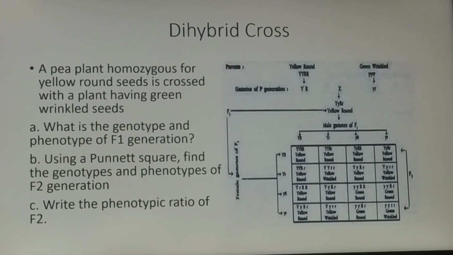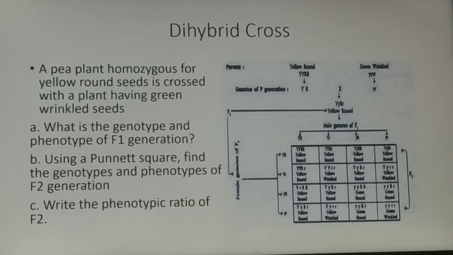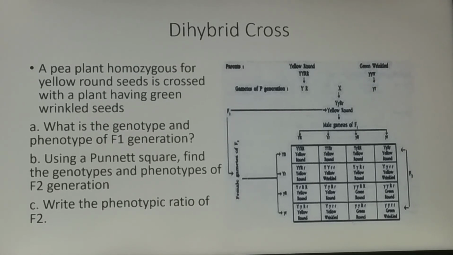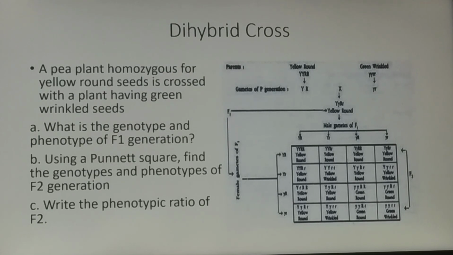That is, both the alphabets should be encircled, put in one circle. Okay, and the gametes produced by the plant having green wrinkled seeds, what are they? Small y, small r. Write it together, and both y and r should be in one circle. Okay. So that is how you write the gametes.